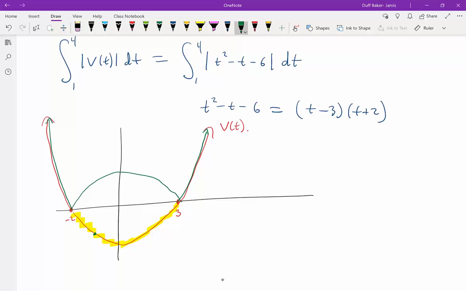Something like this, right? So now it's a funny looking function. And the area we're trying to calculate is what? So this is the absolute value of v of t. And the area we're trying to calculate is between 1 and 4. So let's mark those off.